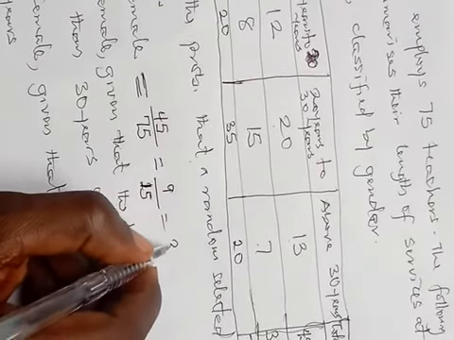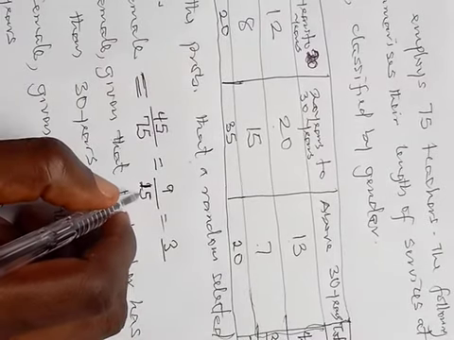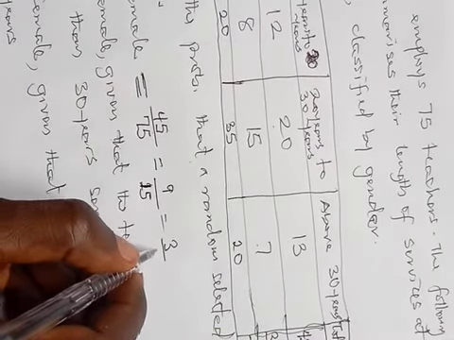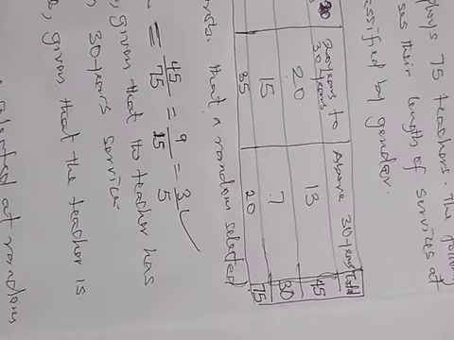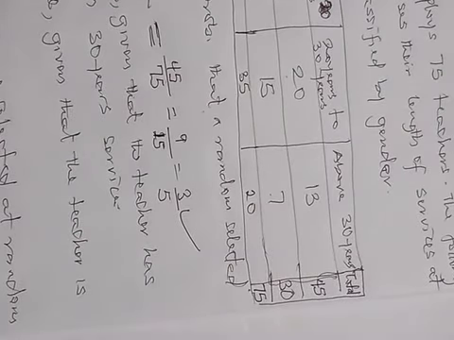And 3 goes in 9 is 3. 3 goes in 15, that is 5. So the probability of selecting a female person in this set of teachers is 3 over 5.